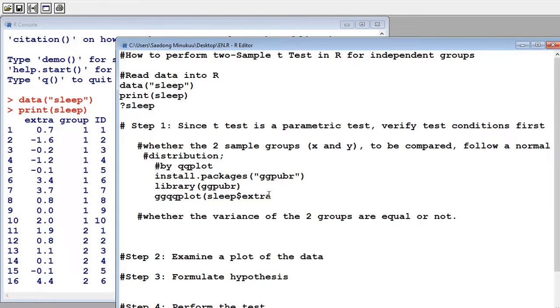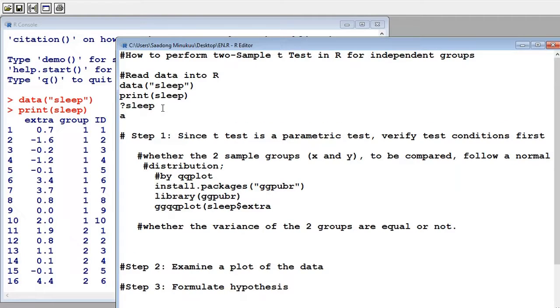If we don't want to always use the $ sign, because it's gonna waste a lot of time, since if I wanted the variable extra, I could have just written extra instead of writing sleep$extra, then to prevent this, let's attach the sleep data set.